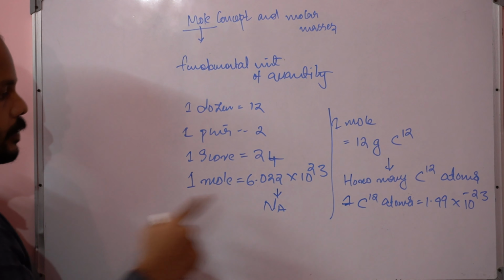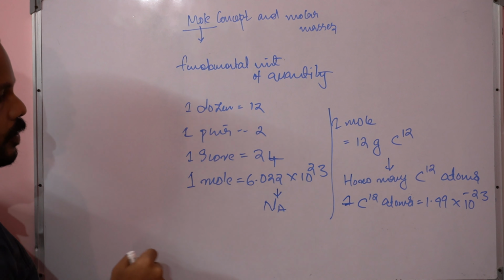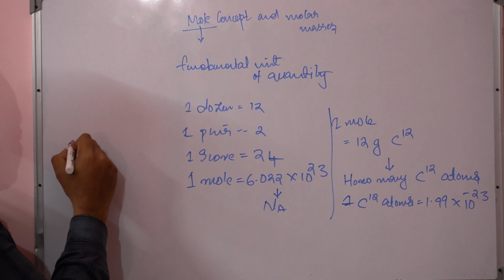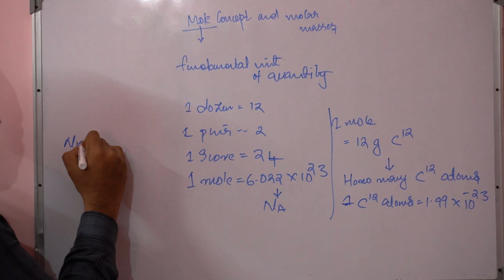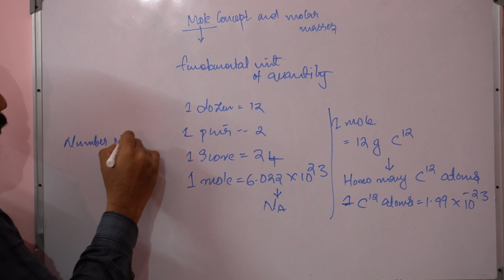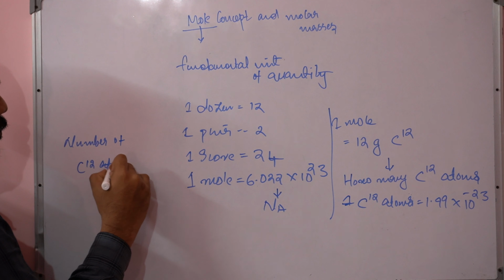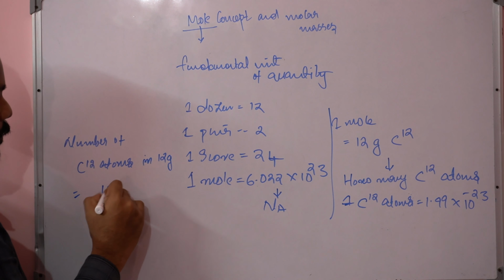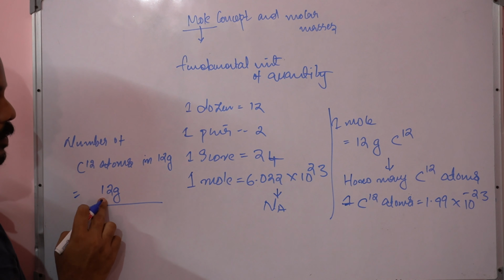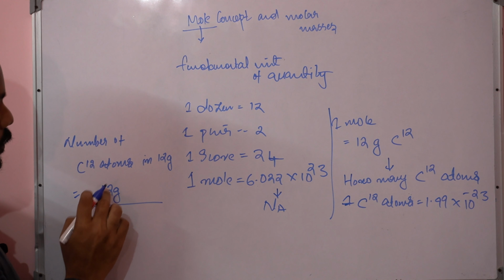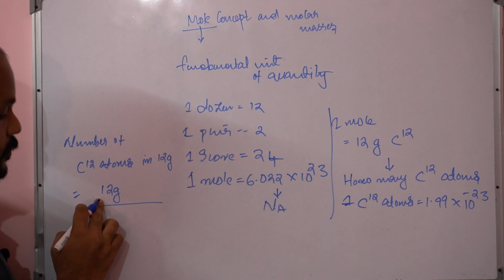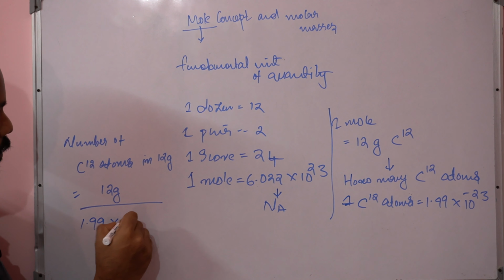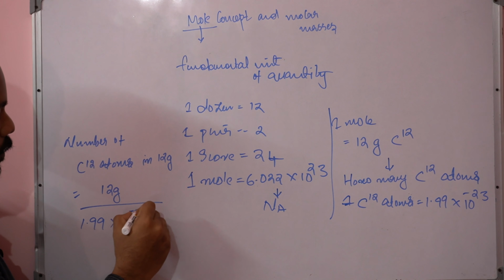So in 12 gram of carbon 12, how many carbon atoms will be there? Obviously we can calculate. The number of carbon 12 atoms in 12 gram is equal to 12 divided by 1.99 into 10 raised to minus 23.